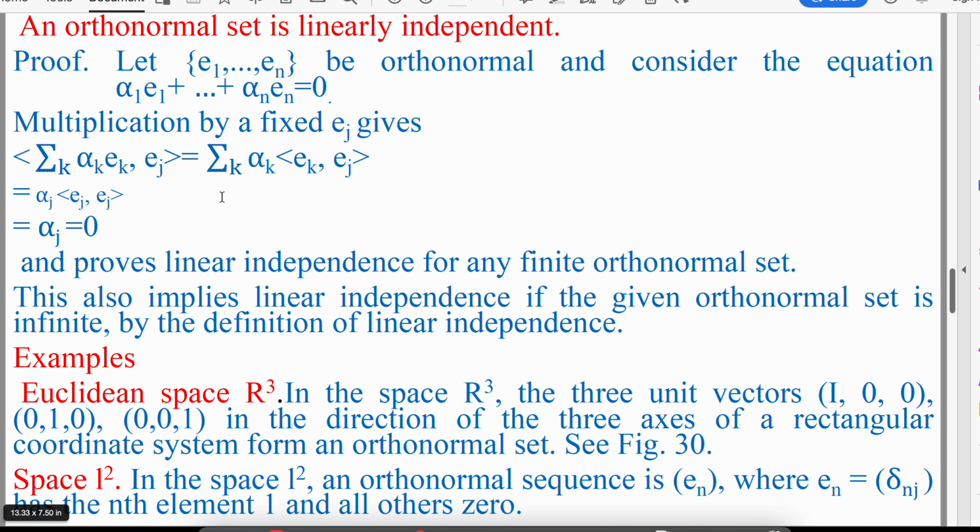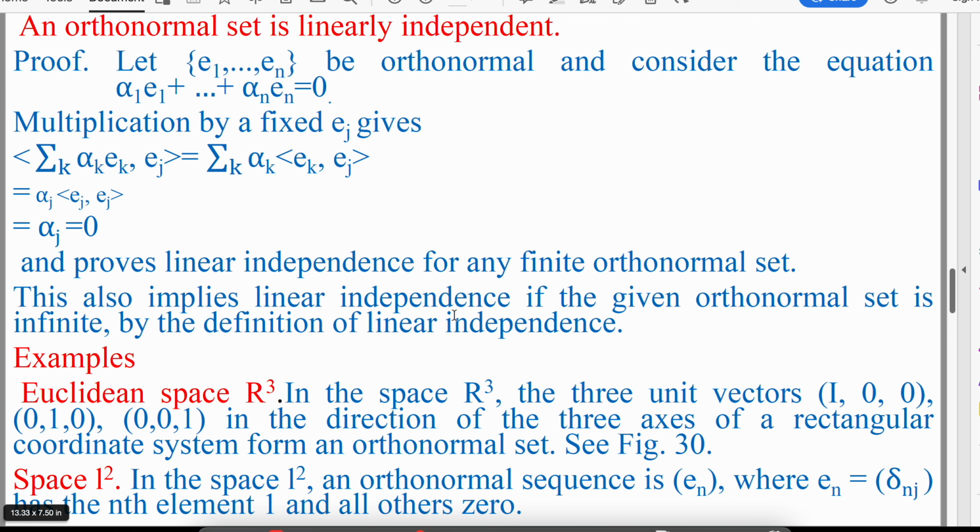The sigma and alpha can be shifted outside, and this is the inner product of ek with ej, and this is equal to alpha j times the inner product of ej with ej, and this is 1, therefore alpha j equal to 0, and this proves linear independence for any finite orthonormal set.